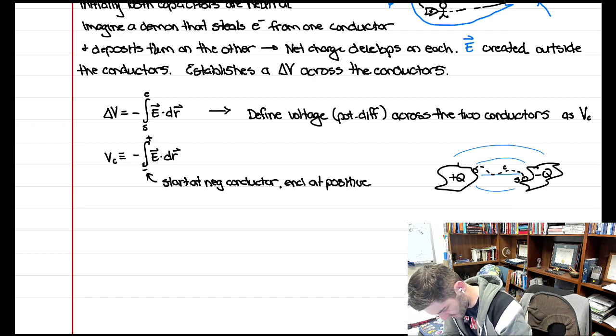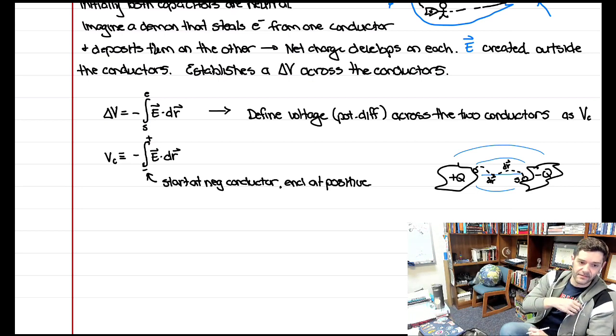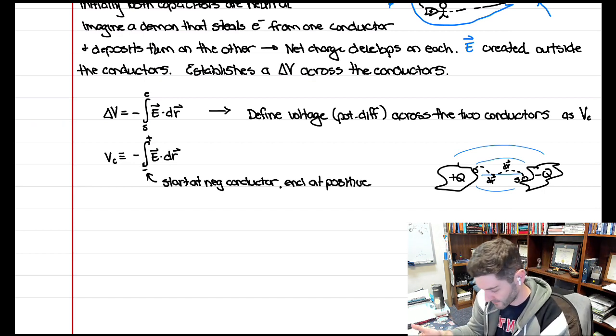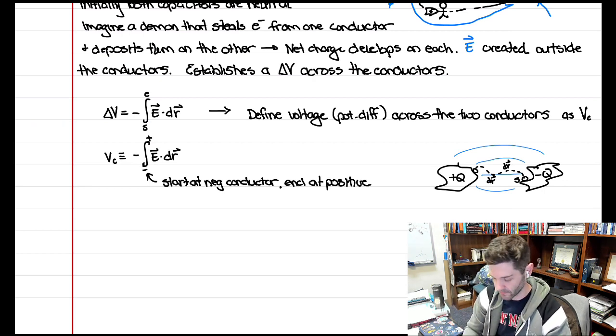Each of these little dashed lines is a little dr. And if I integrate over this, that gives me the potential difference, right? That was the definition we had for potential difference. We're going to call that the voltage of the capacitor, or V sub C.